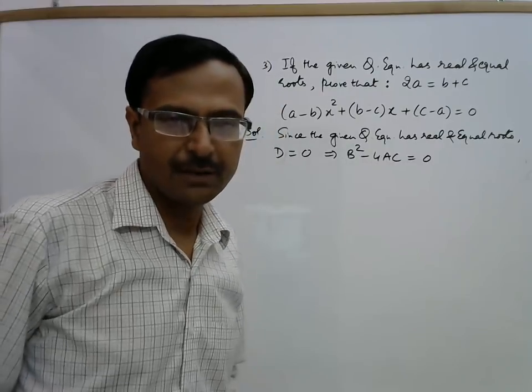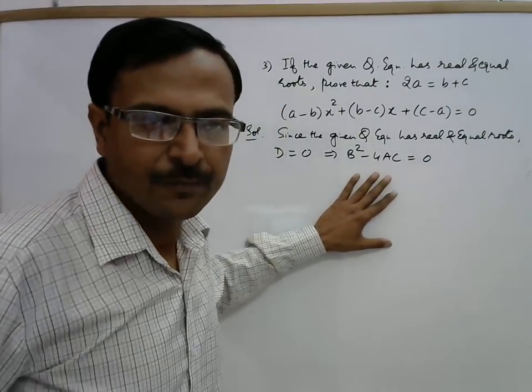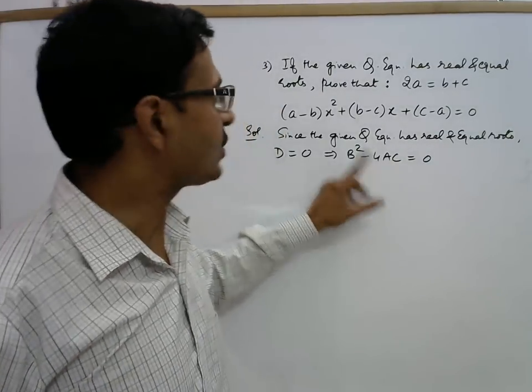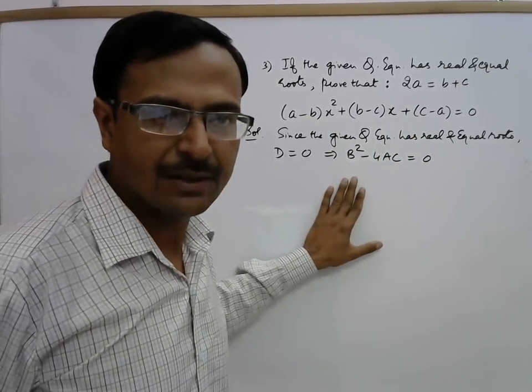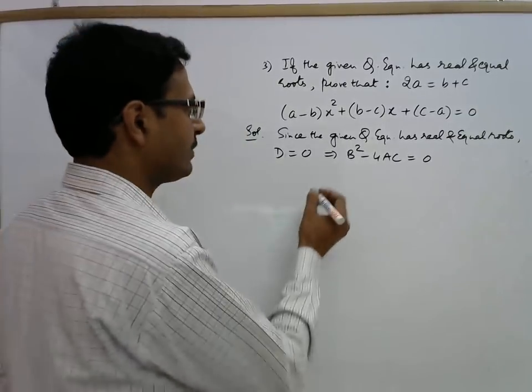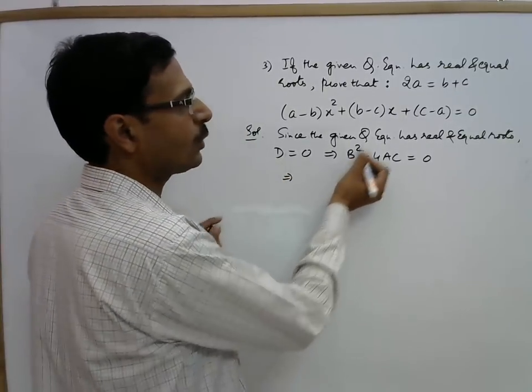Now students, I have written b, a and c capital here because small abc is already there in the question. So I will write capital ABC here. It means the same. So I'm just substituting the values now. B is the coefficient of x.